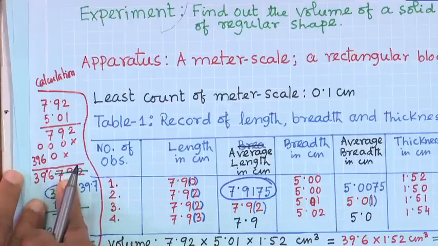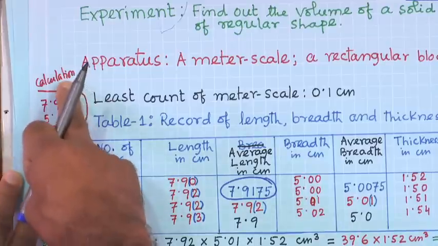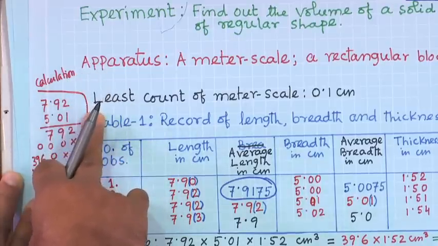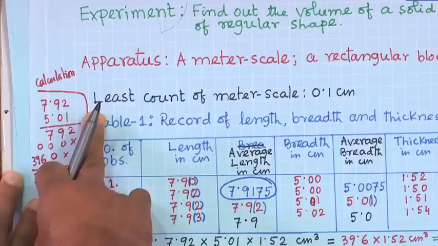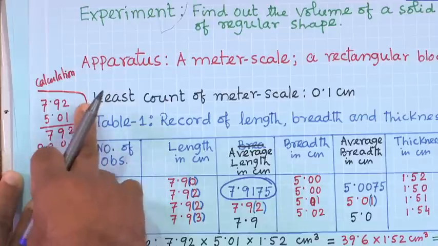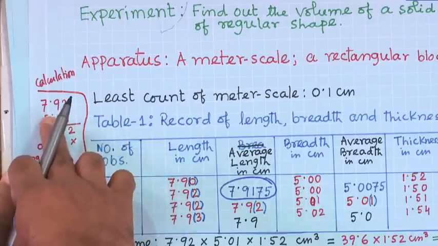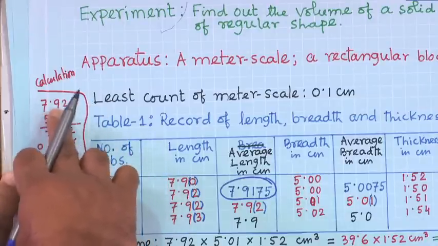Why 3 figures? Because you have to multiply these 2 numbers, and you have to see the smaller number of figures in these 2 numbers. Here the smaller one has how many digits: 1, 2, 3.